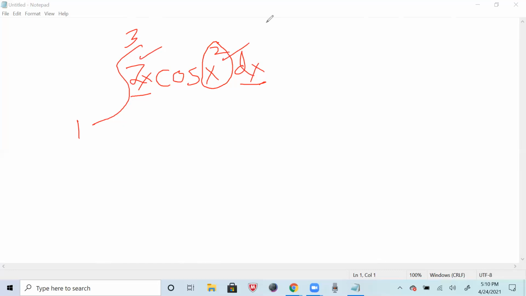And the derivative of x squared is 2x. So I need an x as a multiplier. And this one is what is usually referred to as U-substitution. Whereas the other one is still called U-substitution, but it's called change of variable.